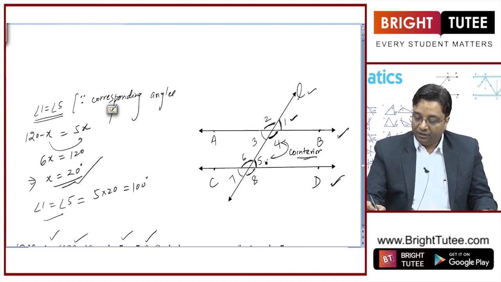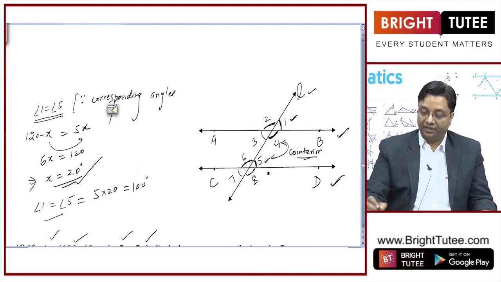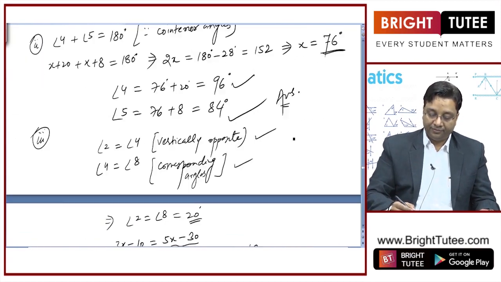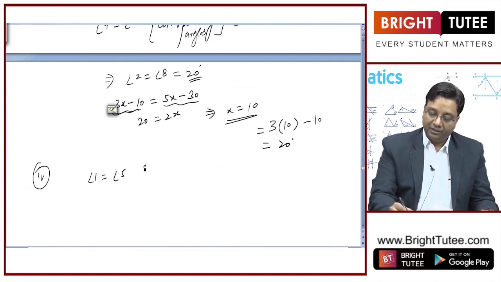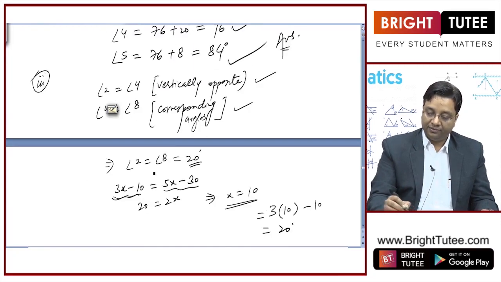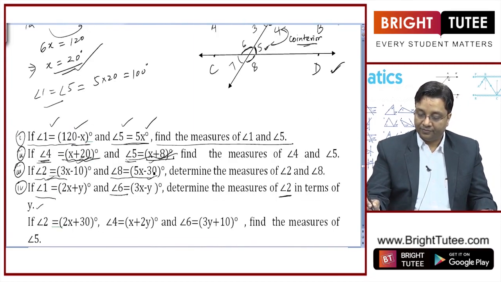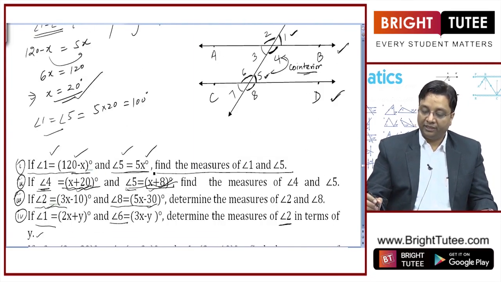Angle 1 is equal to angle 5, right, because these are corresponding angles, and 5 and 6 are linear pairs. So if I write angle 1 is equal to angle 5 because these are corresponding angles, right?